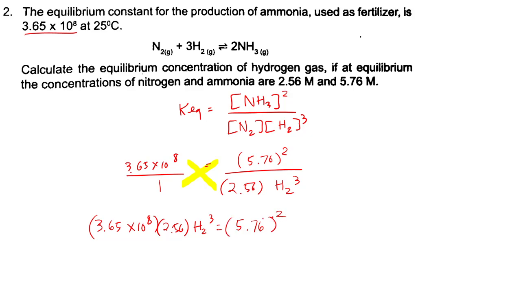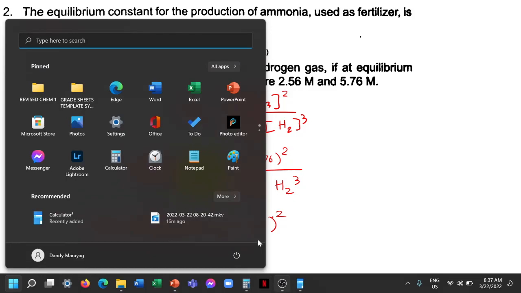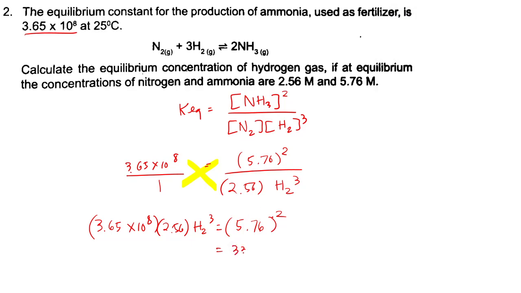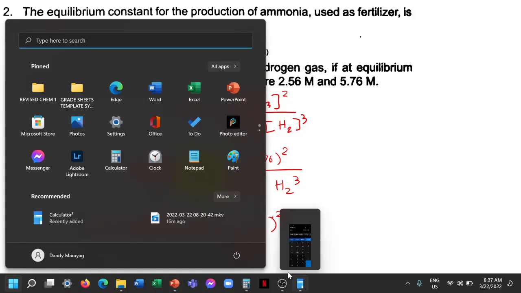First, by the way, I need to solve this one. What's the square of 5.76? That's equal to, let's use the whole number, 33.2. Then I'm also going to multiply 3.65 times 10 to the power of 8 times 2.56. What's the answer here?